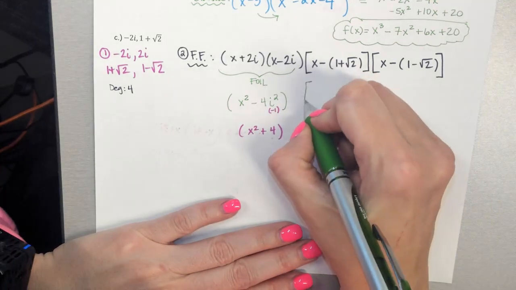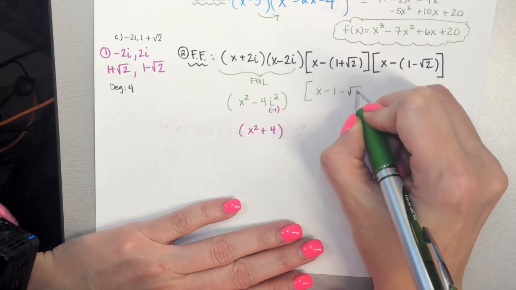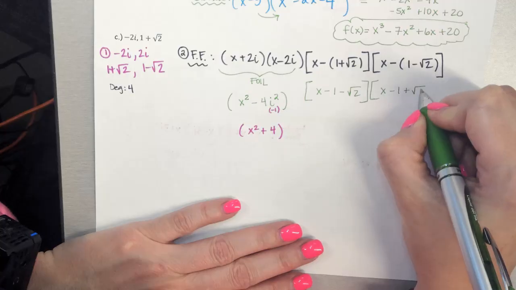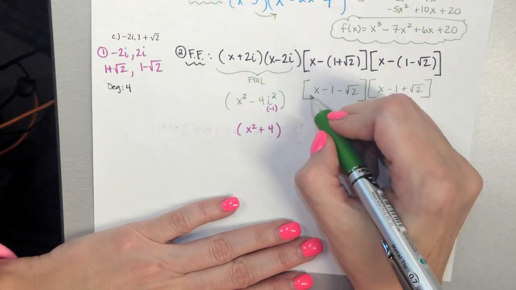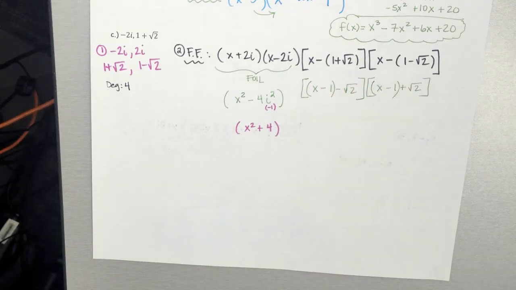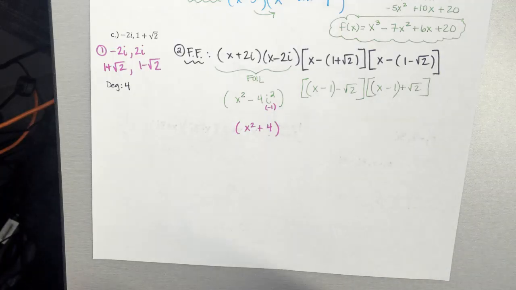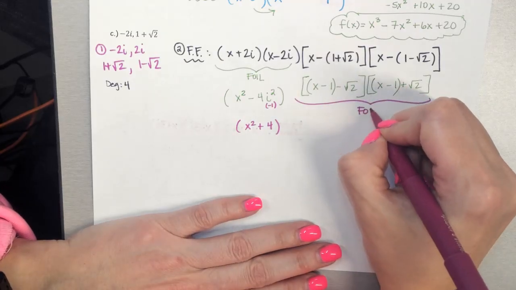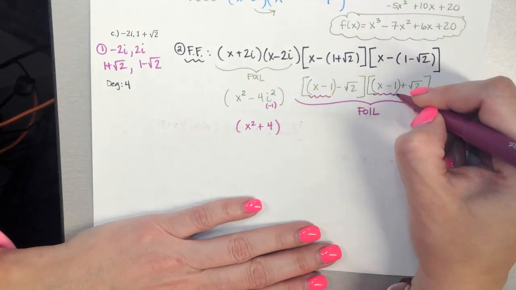Okay, our distribution process here, we just distribute the negative to the 1 and the root 2. Okay, when we distribute here, you end up with a plus root 2. And then we're going to regroup those together. Okay, so when you FOIL, the first term in each one should be the same.